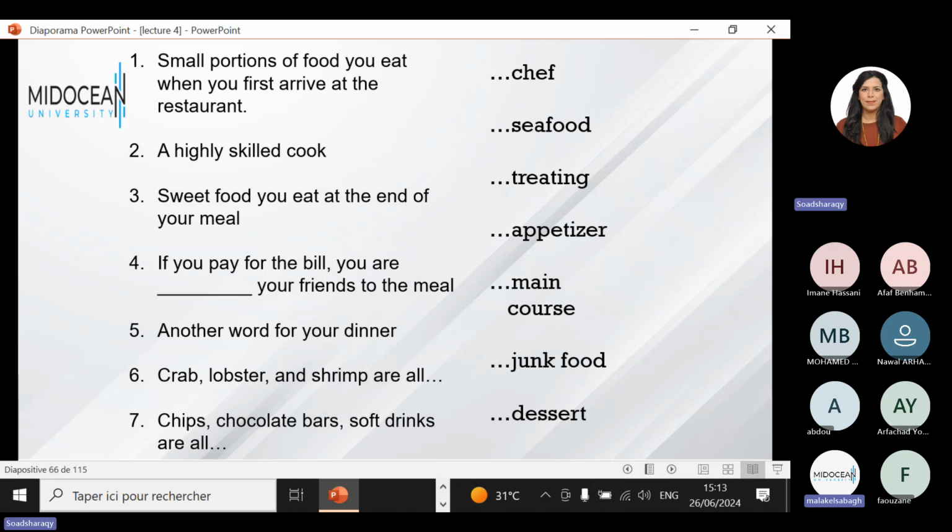For those who want to answer the question, you can raise your hand or write it down on the chat box. Pour ceux qui veulent répondre à la question, veuillez s'il vous plaît soit lever la main, soit l'écrire sur le chat. Let's try with Abdo. La parole est à vous, Abdo. The mic is yours.